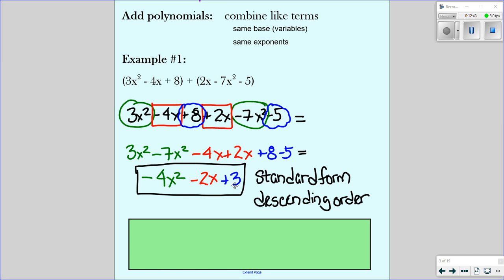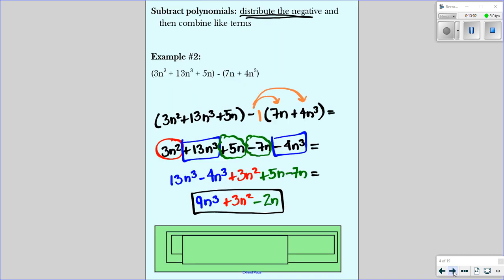And when you simplify them and get to your final simplified answer, make sure that you have it in standard form. That means descending order based on the variable. So the highest degree goes first, the lowest degree goes last. And when it comes to subtracting polynomials, you need to distribute the negative first, then combine the like terms, and then get your simplified answer in standard form.